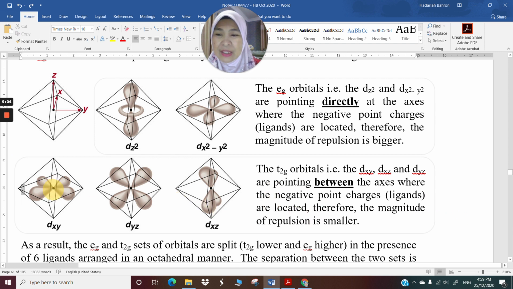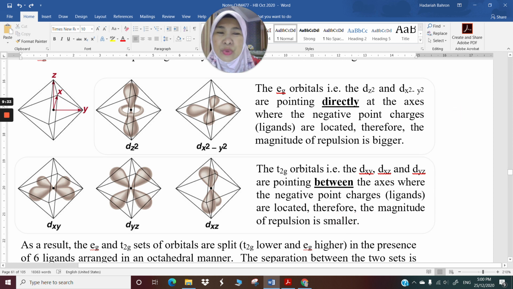The 3 down here have lobes pointing between the axes or pointing a little bit away from the ligands where the ligands are sitting. Here, the ligands are here. Can you see? The ligands are here, but the lobes are in between. So these 3 different d orbitals are experiencing a smaller repulsion from the ligand.